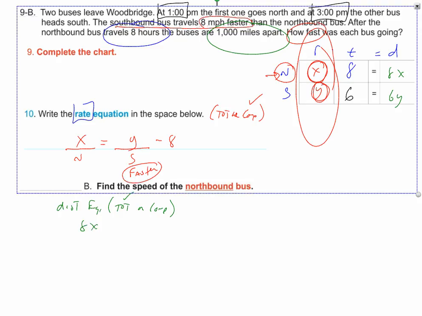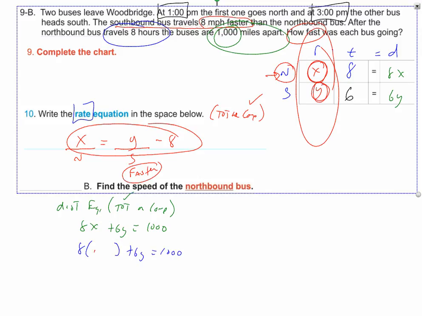Therefore, I have 8x plus 6y equals the total distance, 1,000 miles. I'm going to solve by substitution because my rate equation is already solved for x. So where the x is, I'm going to sub in y minus 8.